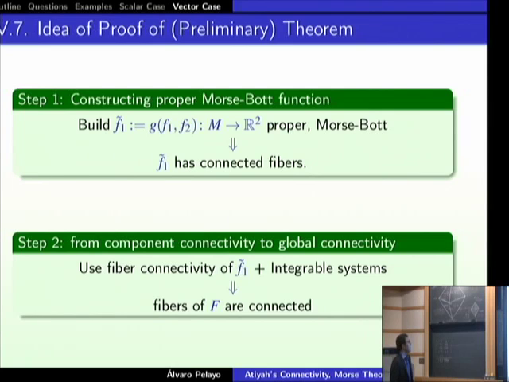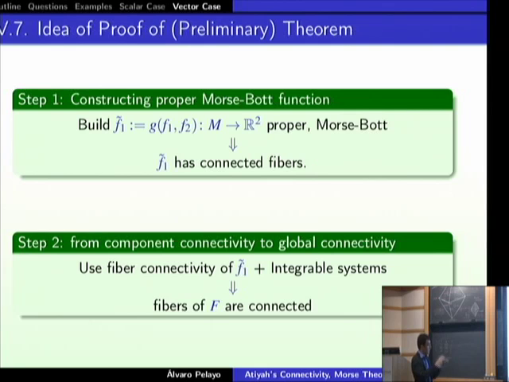And finally, how do you prove this theorem? Well, you don't have Morse theory, but what you try to do is apply Morse theory. In order to do that, you take your system and you cook up a new function in terms of the components of your system, in such a way that it's proper and Morse-Bott, and therefore you can conclude by the previous theorem that it has connected fibers. So the philosophy is you cannot do Morse-Bott theory directly, but maybe you can play with the components of your system and form a new component which is actually Morse-Bott.